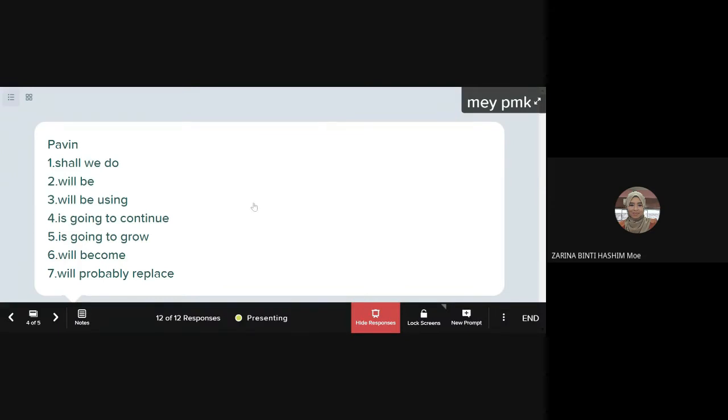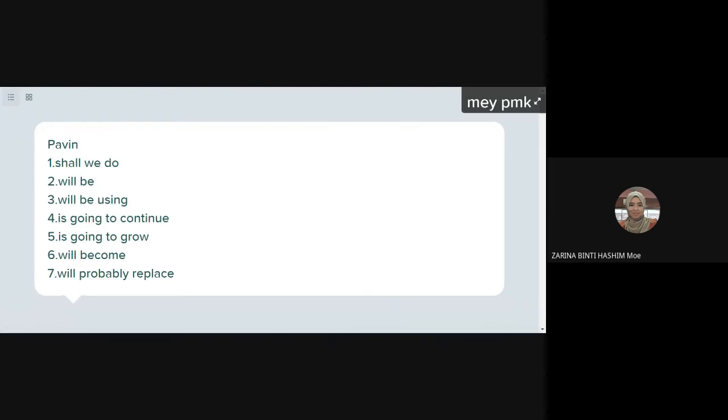Use the future tense. You can use future simple, or shall, or going to, or future continuous. Just choose one of the four things that we have learned about the future.